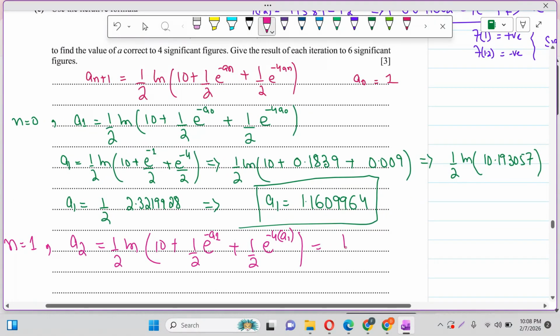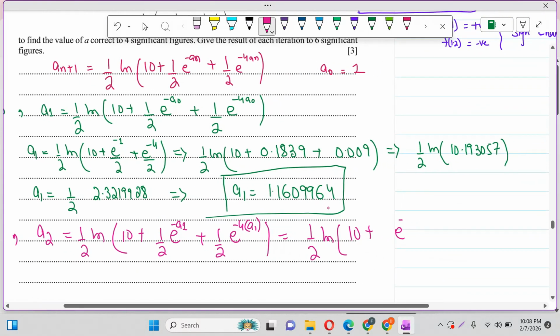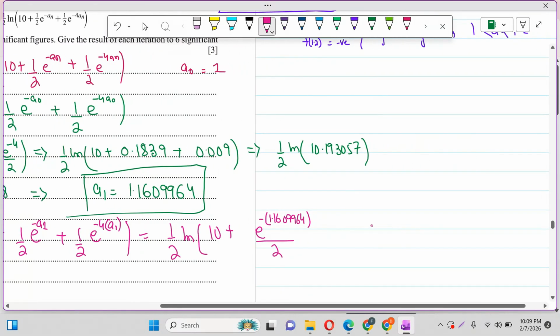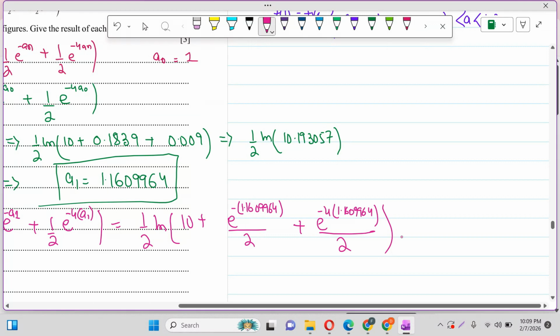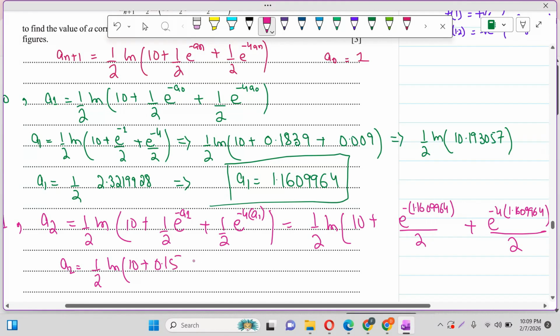This one is equal to half ln 10 plus exponential of negative a1, which in this case is 1.16099964, over 2, plus exponential of negative 4 a1 over 2. So a2 is equal to half ln 10 plus exponential of negative 1.160996 over 2, which is 0.15674, plus exponential of negative 4 times 1.16099 divided by 2, which is 0.004826.